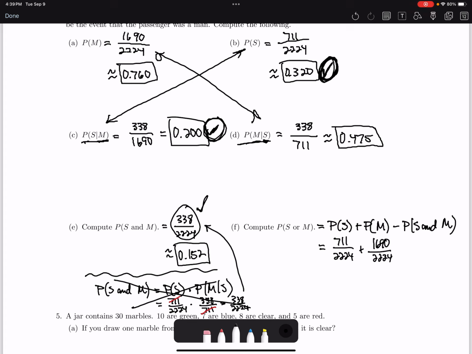By the way, I'm just getting these numbers from my previous work. This was part B, this was part A, and then minus the probability of both, 338 out of 2224. I'm getting that from part E. Then you just type that into your calculator and see what you get. So that comes out to about 0.928.